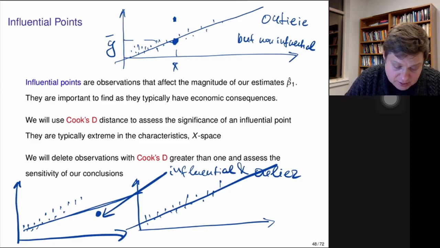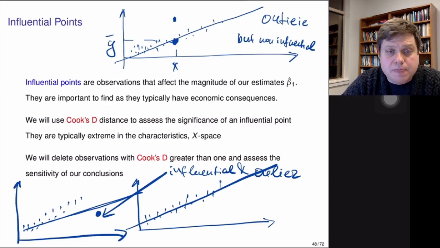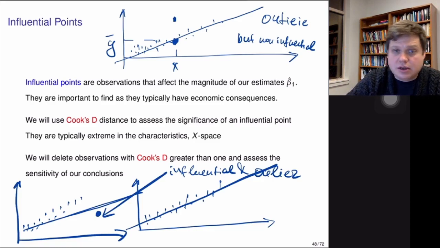Okay, and in order for us to measure whether something is influential or not, we're going to use what is called Cook's distance. Cook's distance just measures the effect of a point on the regression line. A large Cook's distance means that the regression line will change a lot if this point is added or removed from the data set, and a small Cook's distance means that the regression line will not change.